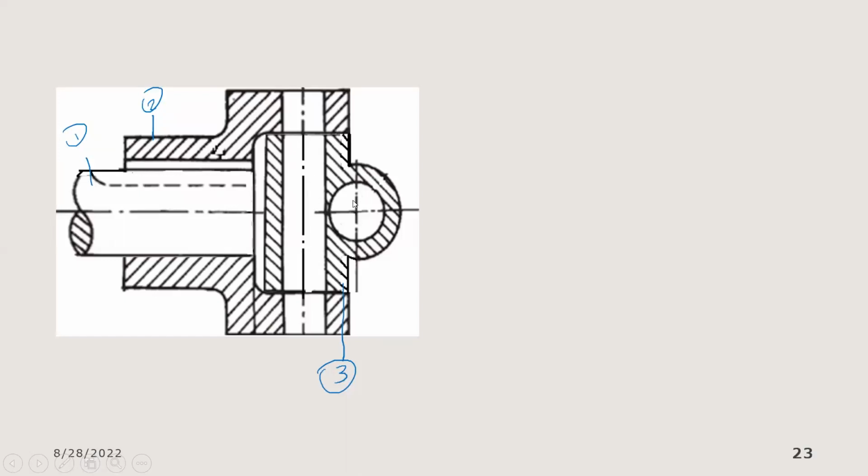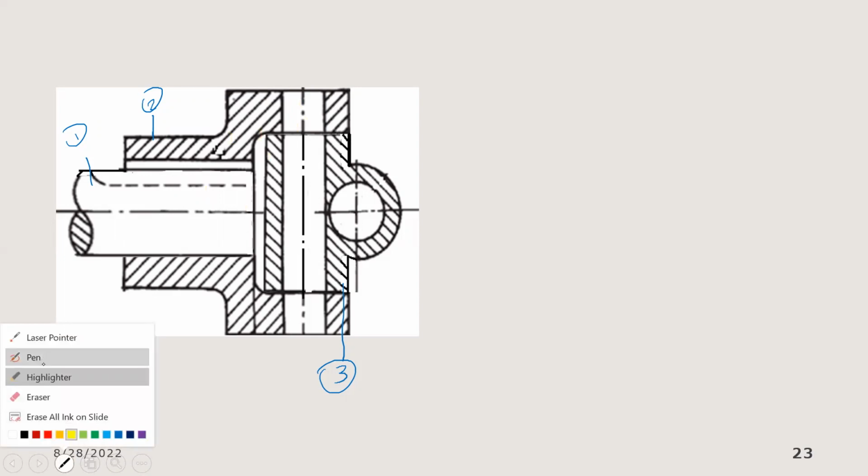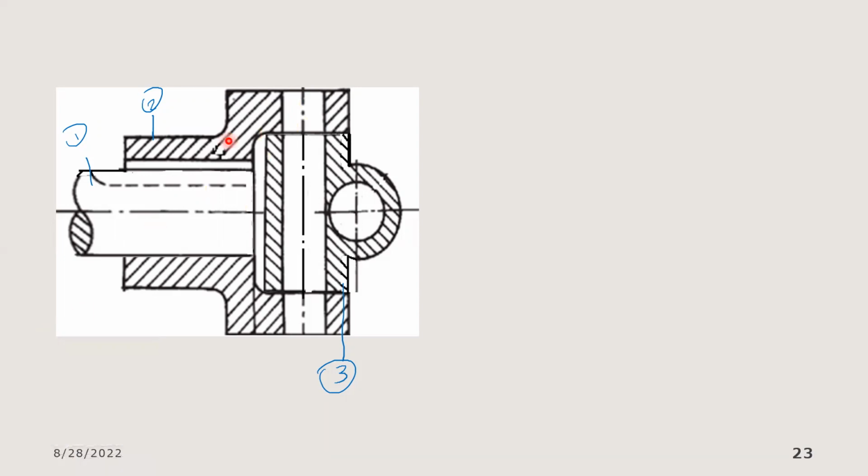Again, this is part 3, and look at its axis. It's aligning nicely with the axis of the hole that is in the fork. Take very good notes of that. Right, so you are done with parts 1, 2, 3.